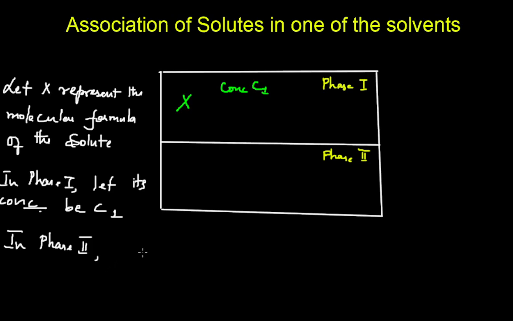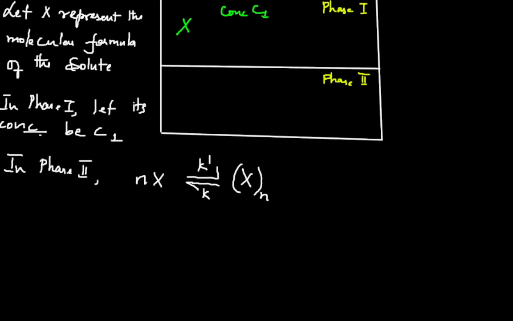In phase 2, let X associate as Xn. So X is in equilibrium and these n molecules of X are getting associated as Xn.